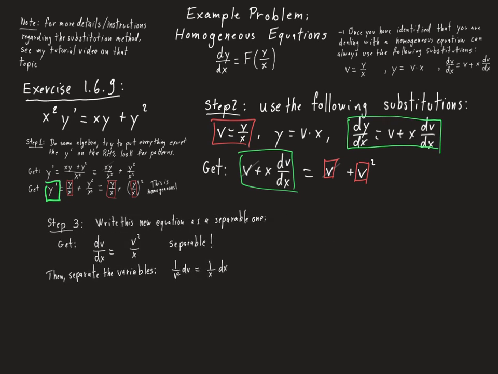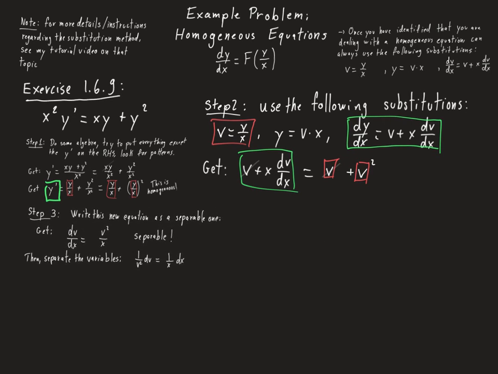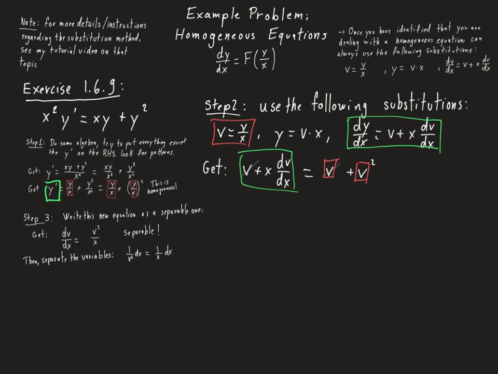Okay, we've done all the manipulation that we need to do, so now we are ready to get to solving. At this point, we're just working with a standard separable differential equation. We've already separated the variables. There's nothing new or fancy in anything that I'm going to do in the next couple of steps. Step 4 is, of course, just integrate. And by integrate, I do, of course, mean integrate on both sides.